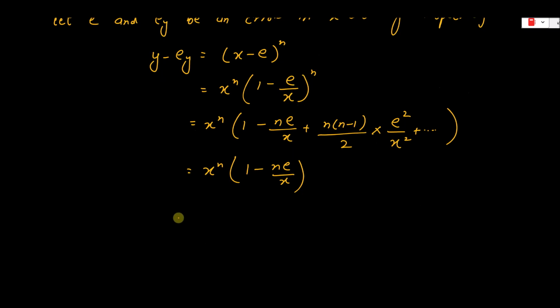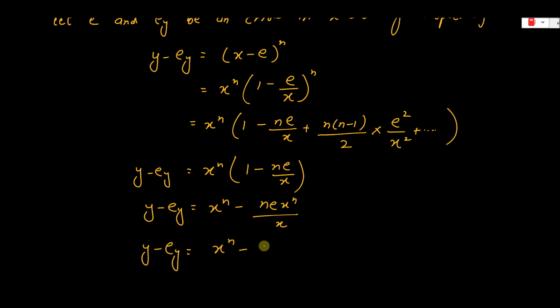After that, this is y minus ey. We need to multiply this x^n inside the bracket. So y minus ey equals x^n minus x^n times ne over x. We are going to simplify it: x^n minus ne, and this power is 1, so we shifted it onto the numerator.